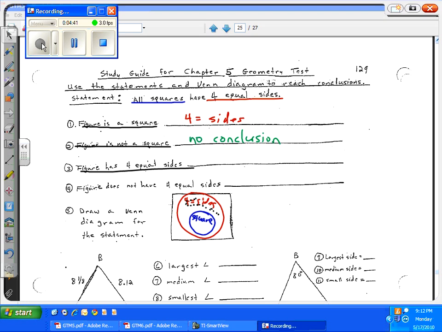Now, it could be in the big circle, but not in the little circle, but it could also be in the big circle and in the little circle. So if it has four equal sides, it might be a square, but then again, it might not be a square. So we can reach no conclusion as to whether it is a square or not, just given the fact that it has four equal sides.